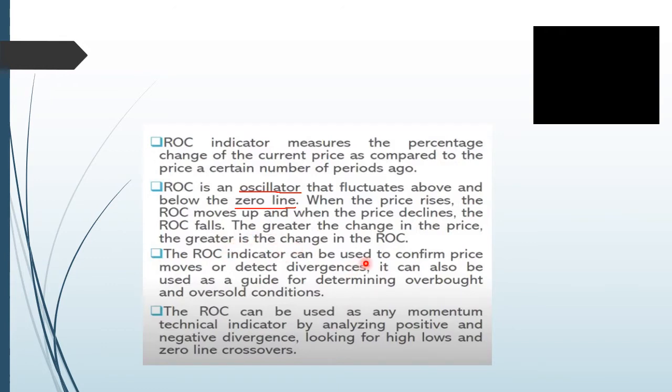The greater the change in the price, the greater the change in the ROC. The ROC indicator can be used to confirm price moves or detect divergence. It can also be used as a guide for determining overbought and oversold conditions.